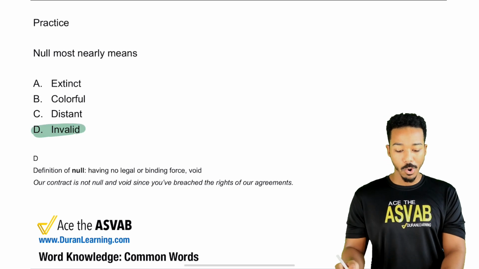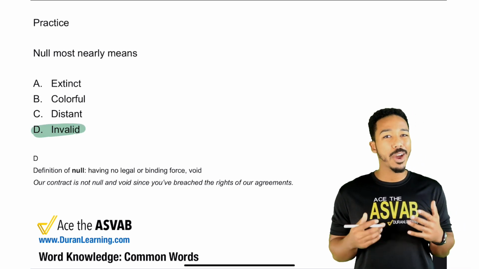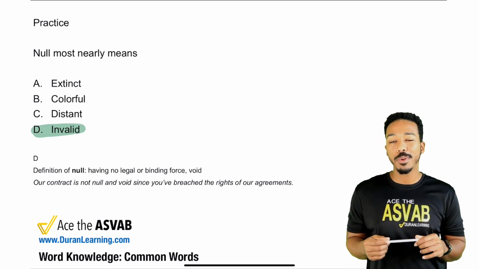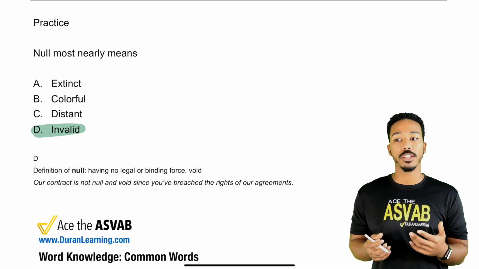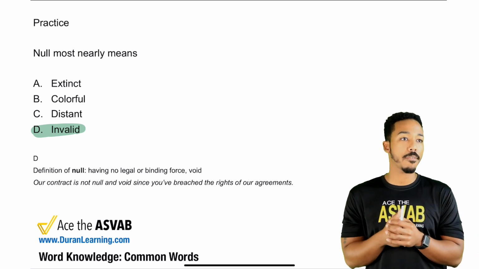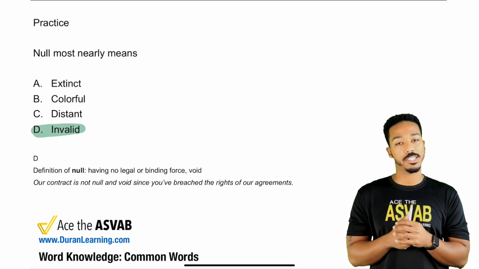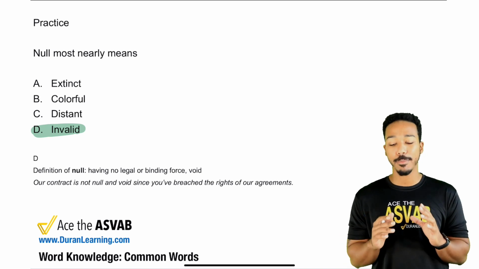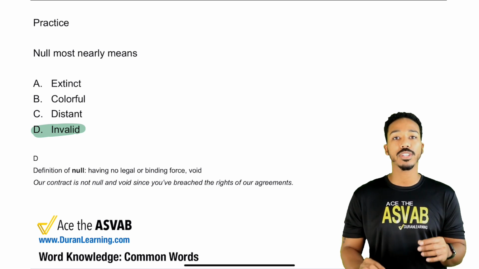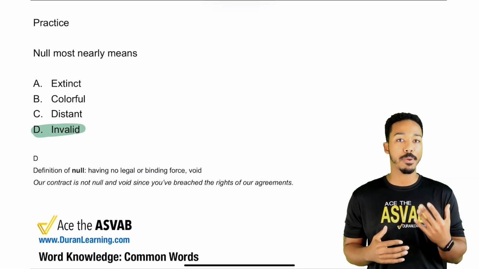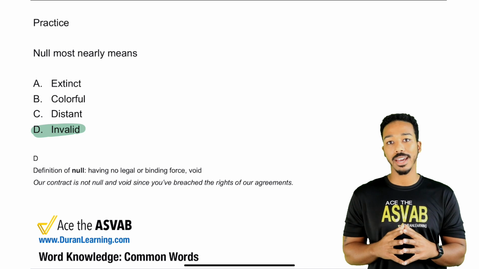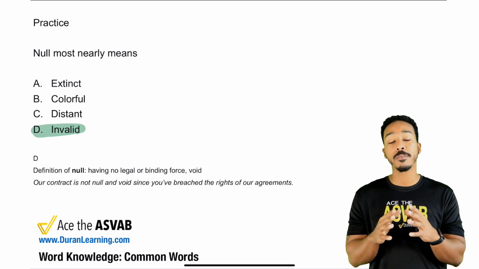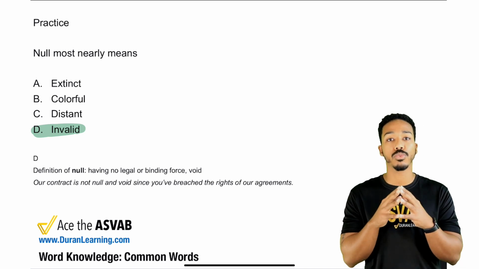Let me go into a little bit about how you want to practice for the word knowledge. A lot of people think that the word knowledge is something where you absolutely have to find a list of words and memorize that list of words and hope that they're on the test. That's not how it works, okay? That is absolutely not how it works. When it comes to the word knowledge section, the best way that you can prepare yourself is to understand a set, as many as you can, of commonly used words.